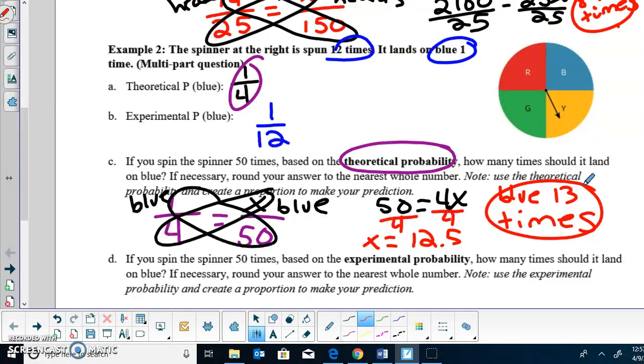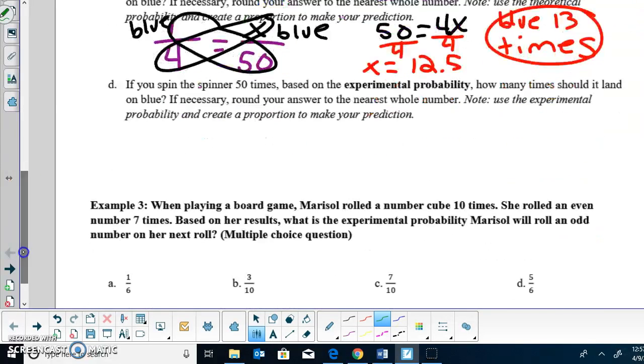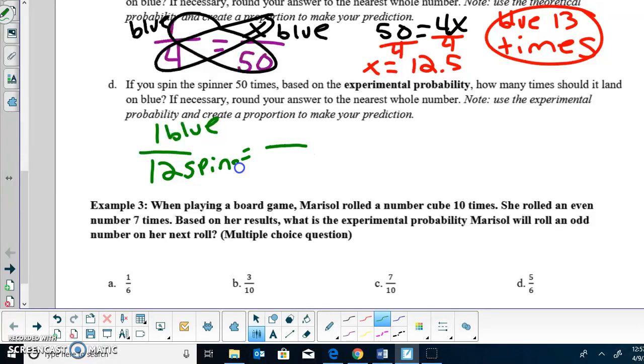Now for part D, this time it's based on the experimental probability. My experimental probability was 1 out of 12 times. 1 being the number of times it lands on blue, 12 being the number of times that it was spun. And so it says if I spin it 50 times, 50 represents my number of spins, and I'm looking for x, the number of times it's going to land on blue.